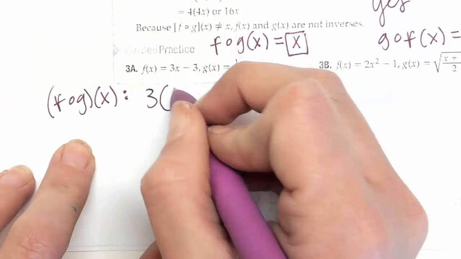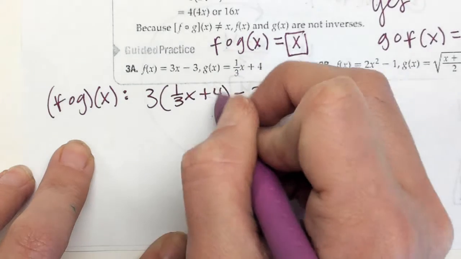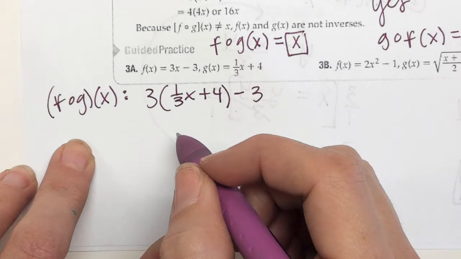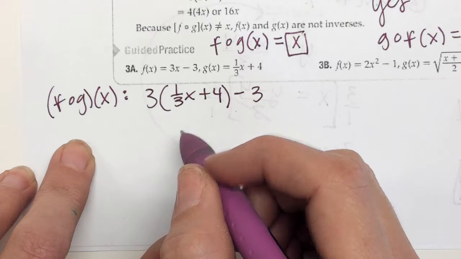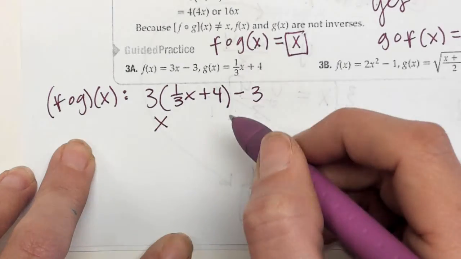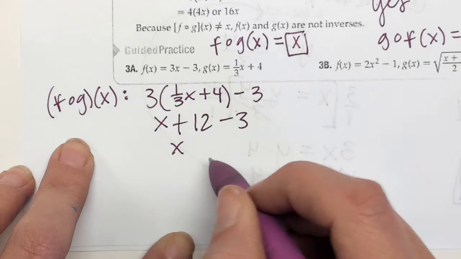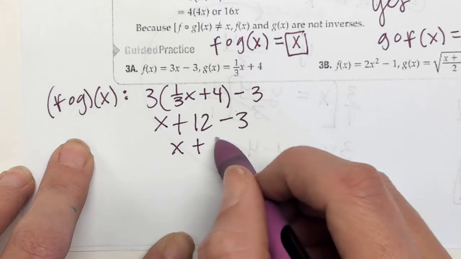This entire thing. 1/3 x plus 4, the entire function. And then from here we got to clean it up by doing what? Okay, so what's 3 times 1/3? 1 what? X. Good. 3 times 4? 12, minus 3, so it'd be 12 minus 3, which is 9.